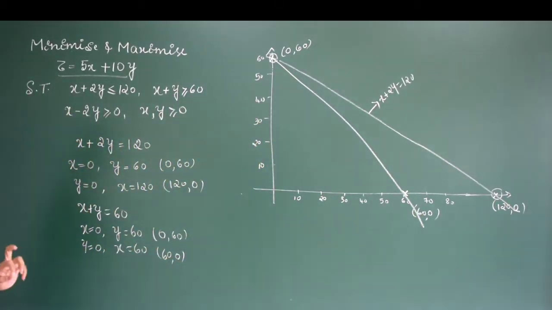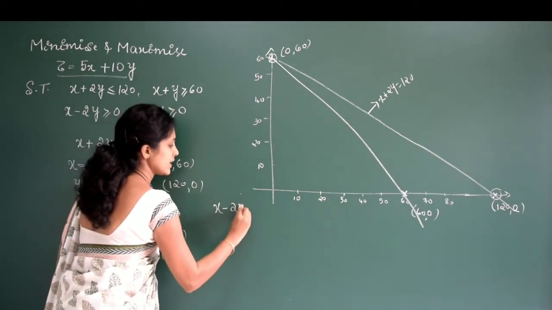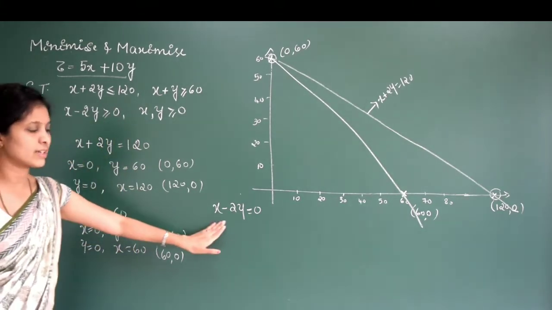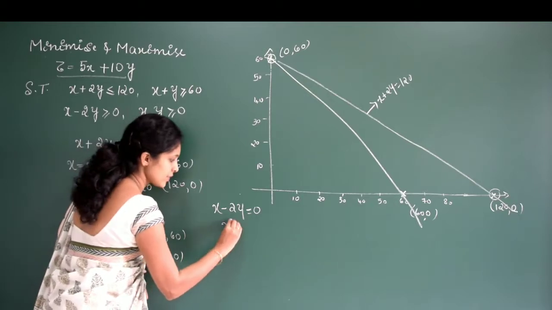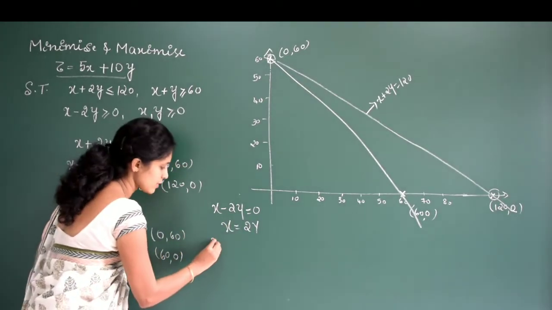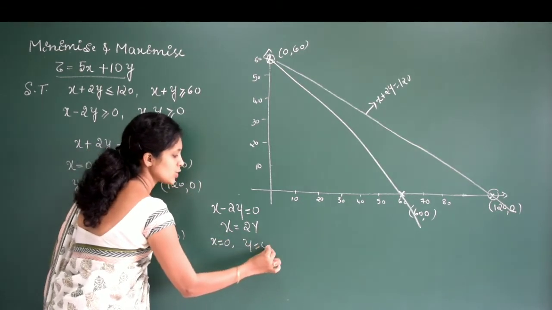Next, one more equation is given, that is x minus 2y is greater than or equal to 0. We will consider x minus 2y is equal to 0. This one I can write as x is equal to 2y. If I substitute the value of x as 0, obviously the value of y is also 0.